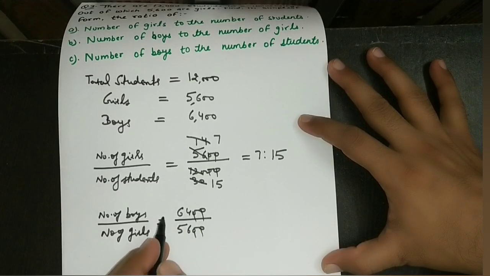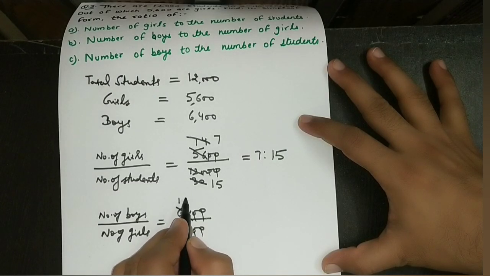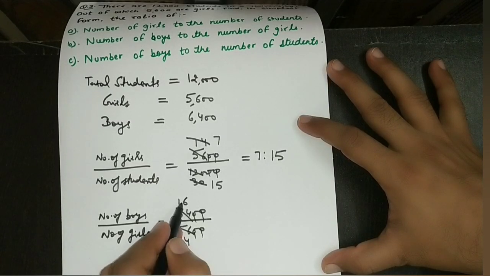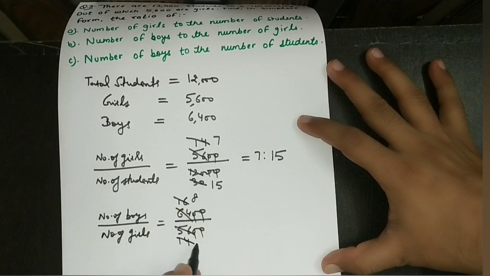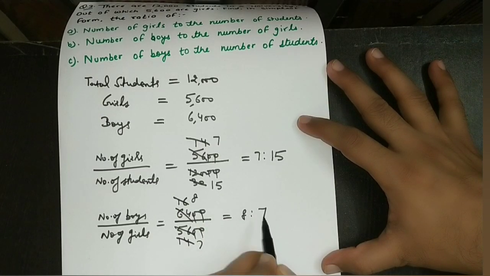Cancel zeros. Now 4 ones are 4 and 4 sixes are 24. 4 ones are 4, 4 fours are 16, 2 eights are 16, 2 sevens are 14, and your answer is 8:7.